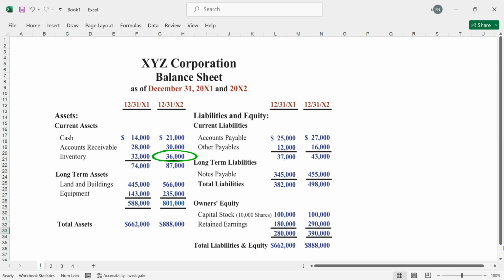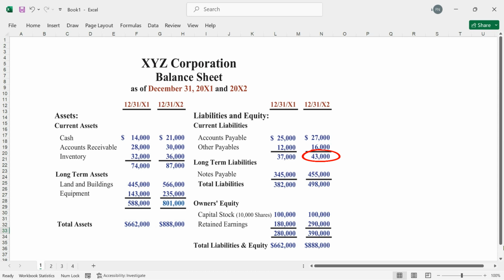This is our cash or assets going to be converted to cash within a short period of time, and it totals $87,000. If we then take that $87,000 of total current assets and compare it to our total current liabilities, and again at 12/31/X2, the current liabilities are accounts payable of $27,000 and other payables of $16,000 for total current liabilities of $43,000, we can see that it looks like we have ample current assets sufficient to cover our obligations, current liabilities that are due within 1 year.